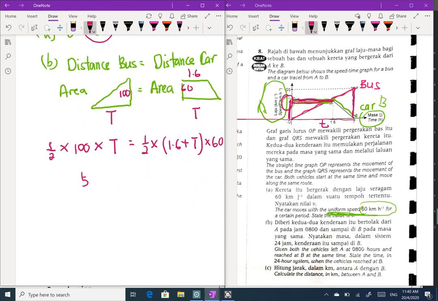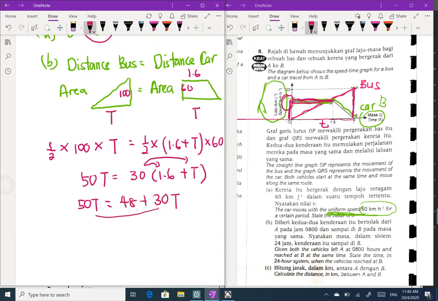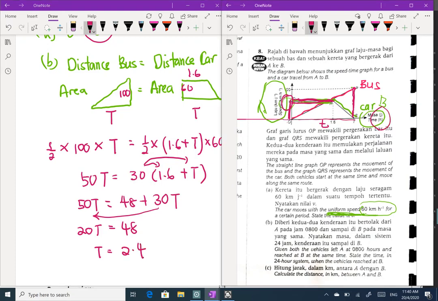So 50t is equal to 30 times 1.6 plus t. So 50t equal to, multiply in 乘进去, this one is 48 plus 30t. So 20t, you get 48. So t is equal to 2.4. We use hours.